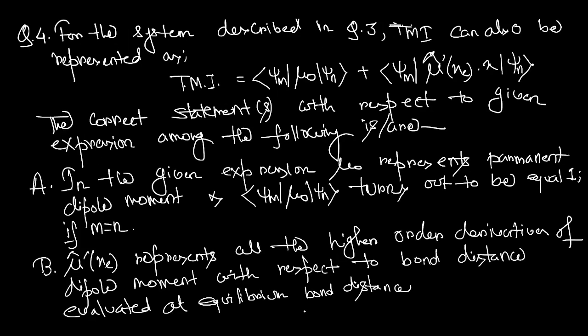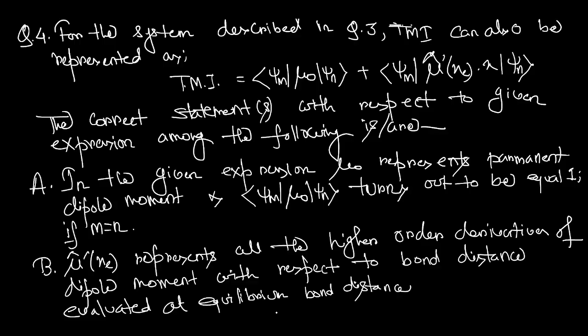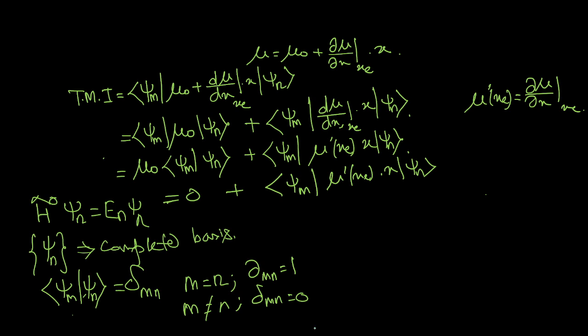Now the option can be chosen from the derivation we have done previously. What he is saying is that the transition dipole moment can be divided in two parts. This is similar to the expression we wrote over here.